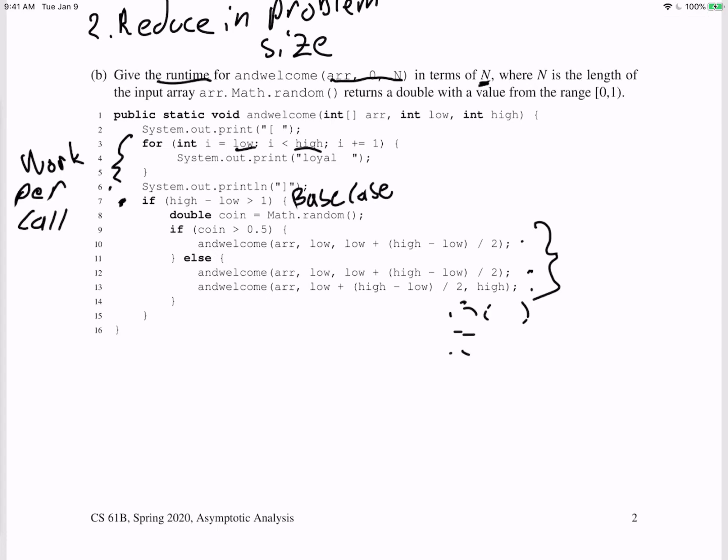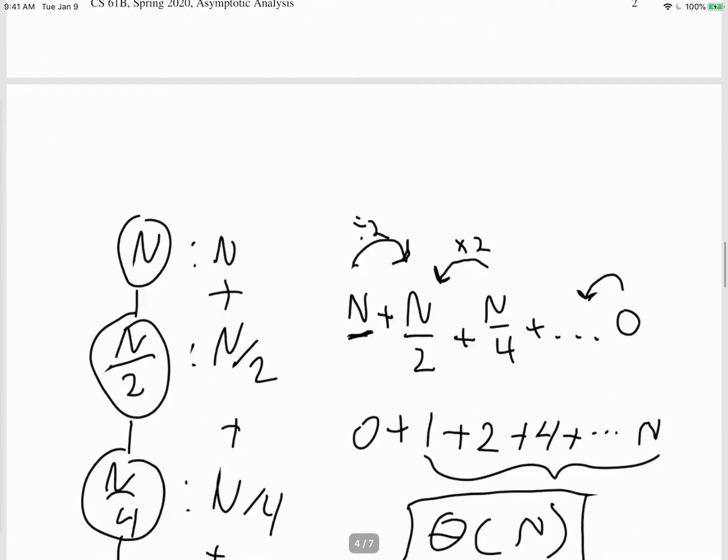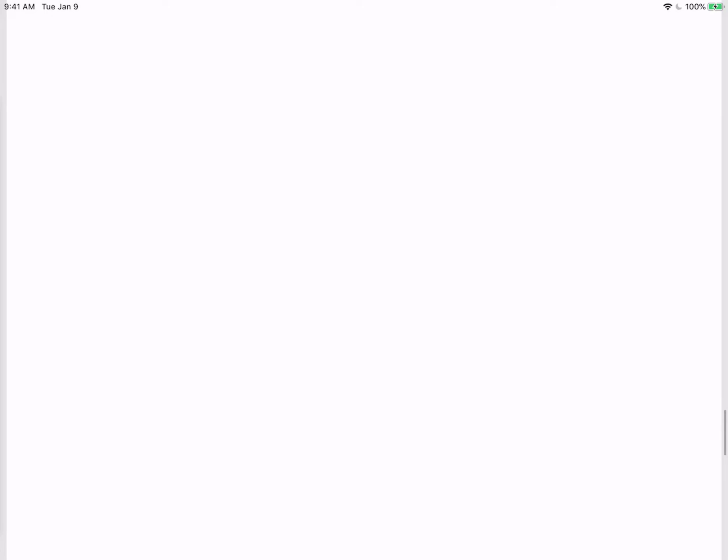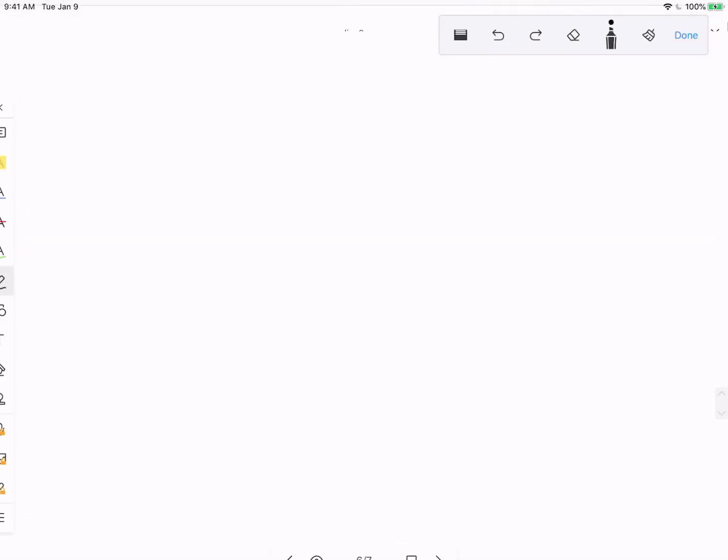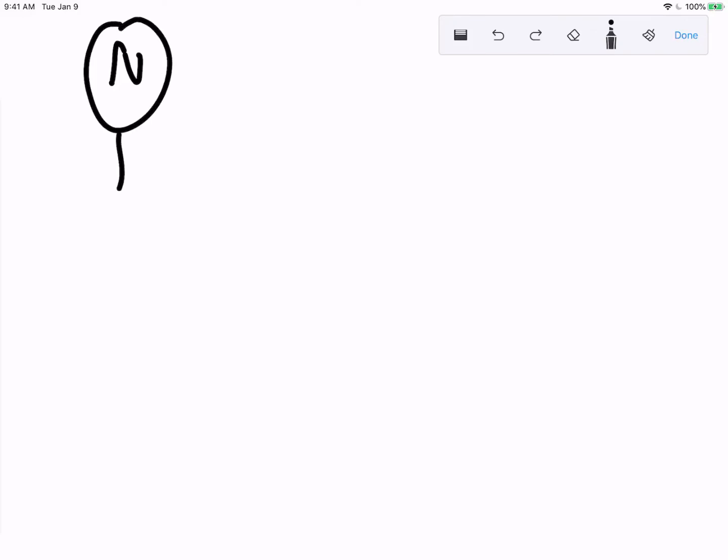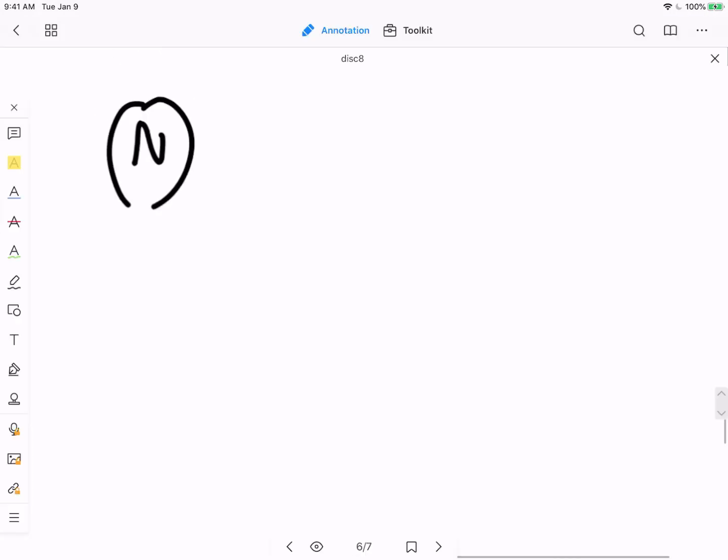Okay, so now let's figure out what the tree looks like. I'm going to write it on this page. Someone's definitely going to pass us a problem of size n, but we don't know how many branches there are yet. Let me rewrite what we want to know.